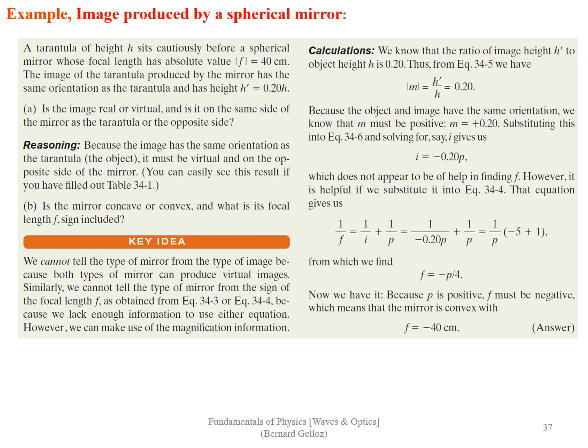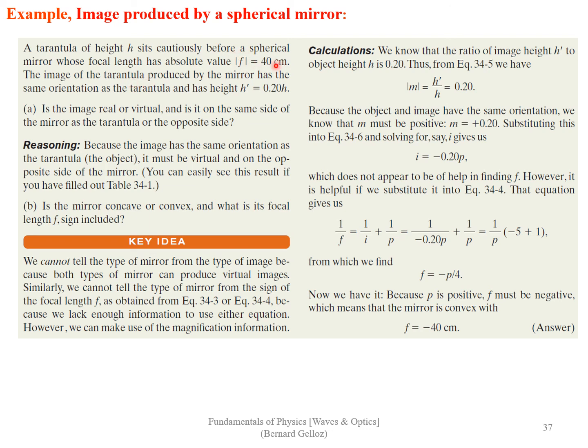Let's look at an example. So we have here a tarantula. I have seen a real tarantula in Mexico. Okay, so it has height h, and it sits cautiously before a spherical mirror whose focal length has absolute value of f equal 40 centimeters. So we have f, but the absolute value.